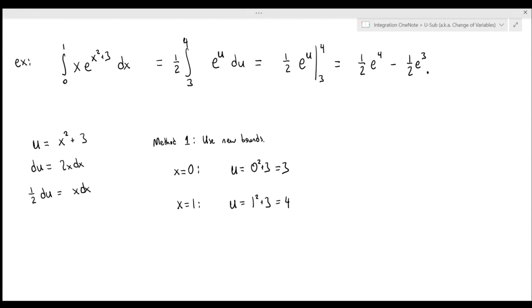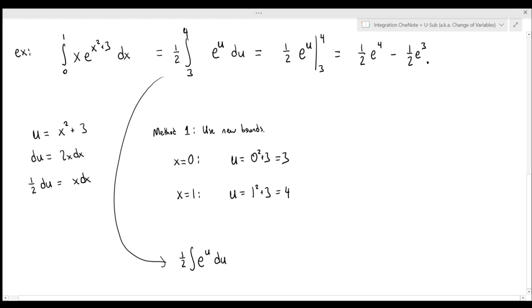Okay, now something else that you could do for this problem though is, when you do the u substitution, instead of solving for these bounds in terms of u, you can evaluate this integral as being 1/2 e to the u.